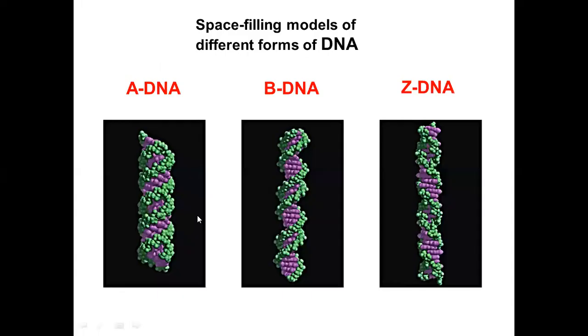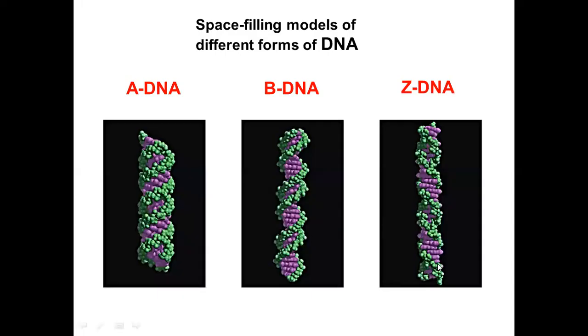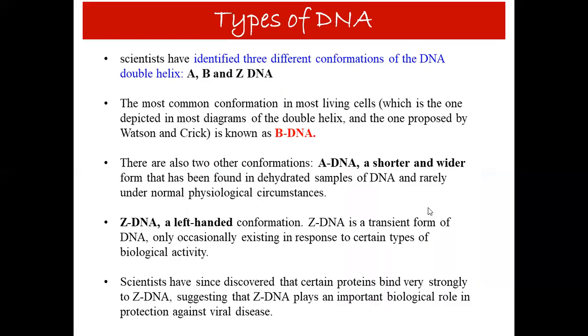Another one is Z-DNA, where on the right you can see it. Z-DNA is a left-handed conformation. You can see from the figure, it is a left-handed conformation. Z-DNA is a transient, temporary form of DNA, only occasionally existing in response to certain types of biological activity.